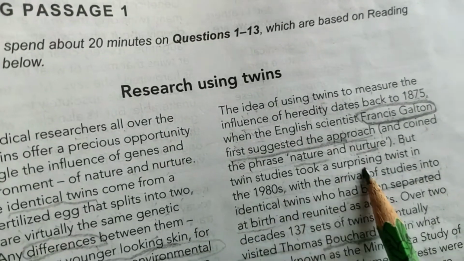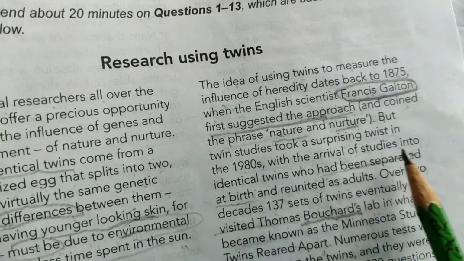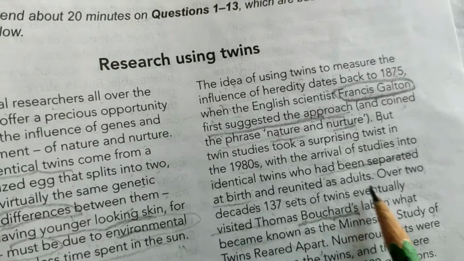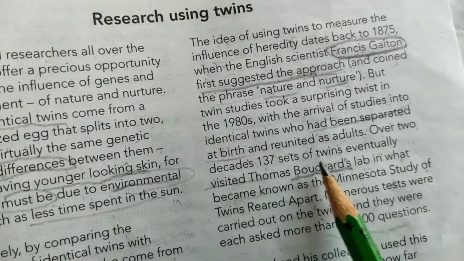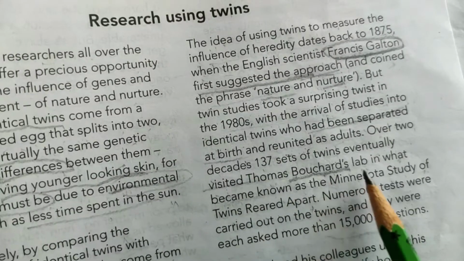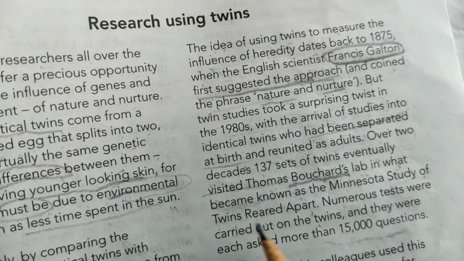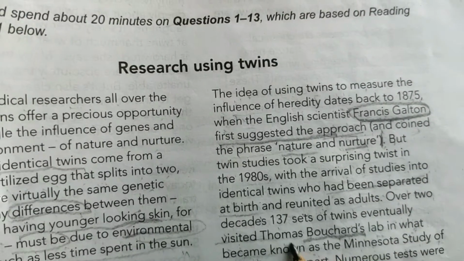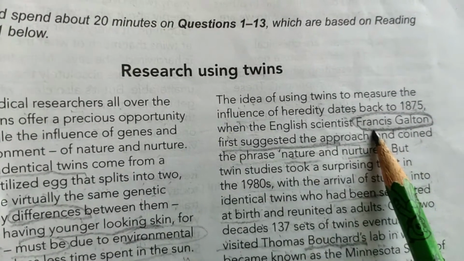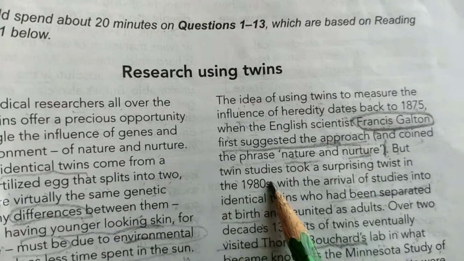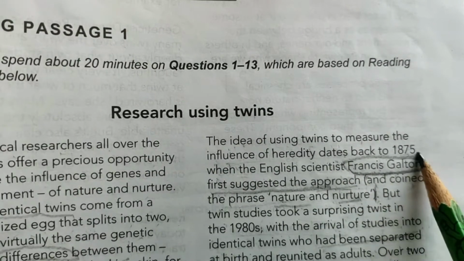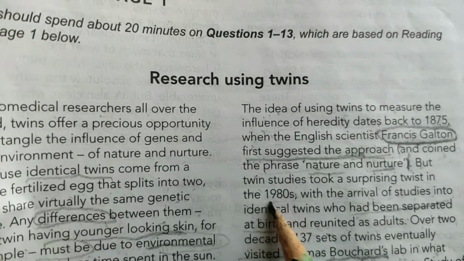But twin studies took a surprising twist in the 1980s with the arrival of studies into identical twins who had been separated at birth and reunited as adults. Over 2 decades, 137 sets of twins eventually visited Thomas Bouchard's lab in what became known as the Minnesota study of twins. Till here it was about Francis Galton, but from here they are talking about Thomas Bouchard, not Francis Galton. He was in 1875, but now they are talking about the 1970s.